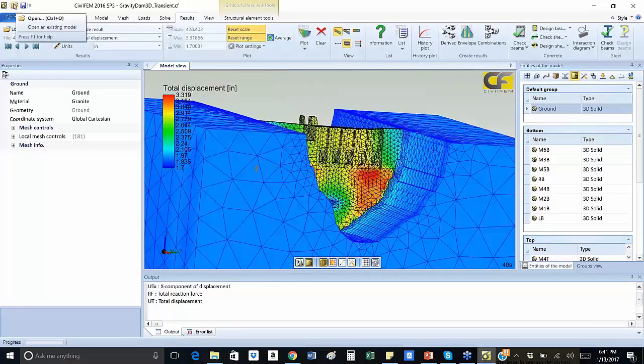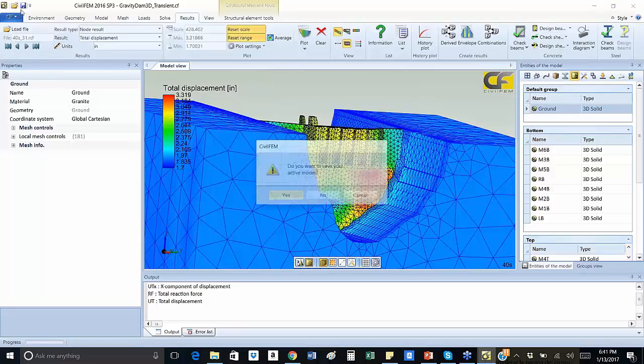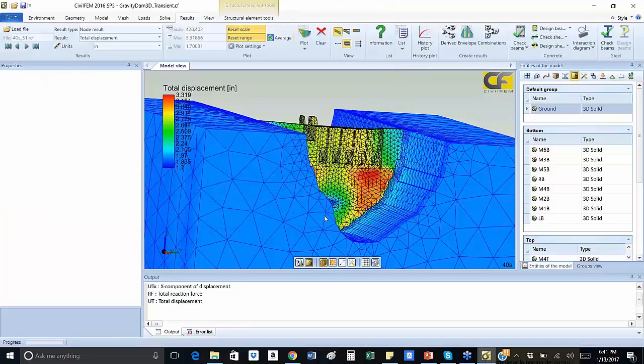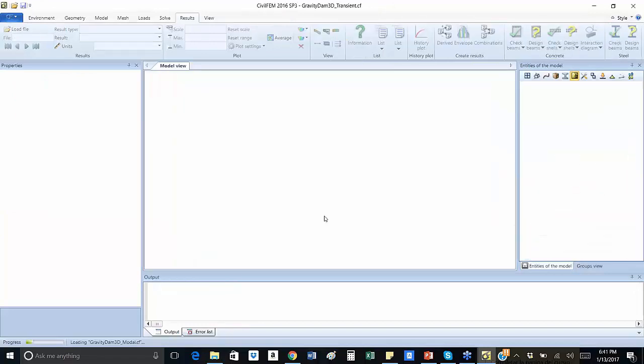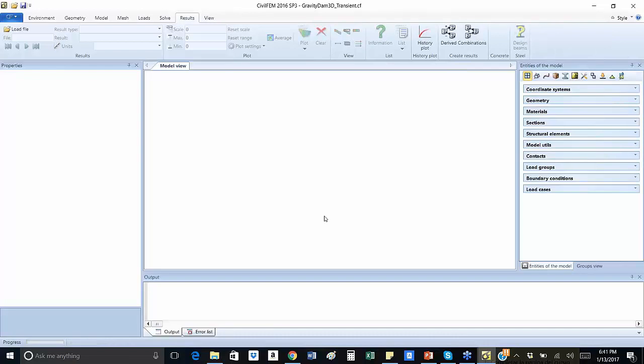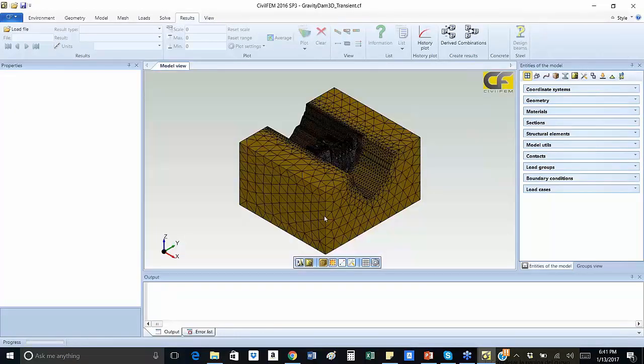Now we're going to open the modal analysis file, so we can see the different directions of modal response: the natural frequencies, whose reciprocals are the periods of vibration, and the corresponding mode shapes.